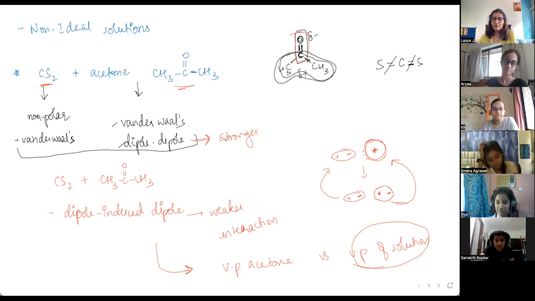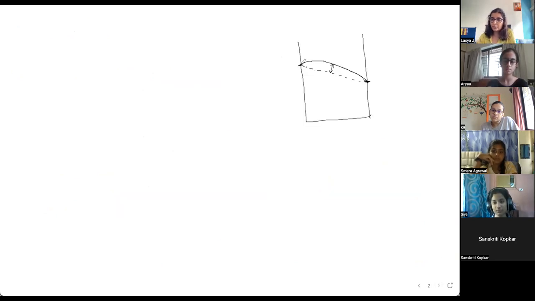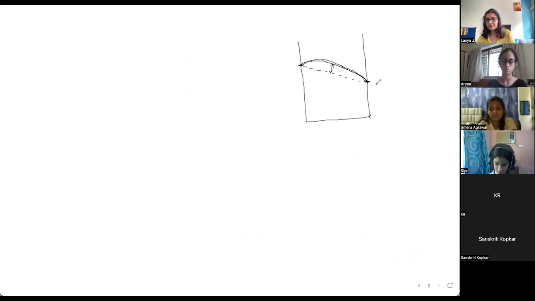Okay, if we have non-ideal solutions, what is the reason for that? Intermolecular interactions, attractions and repulsions, that's what is causing it. And non-ideal means you have two different types, either they can deviate positively, that happens if it was weaker interactions, like the molecules are pushing away from each other, which is why you end up having a greater vapor pressure.